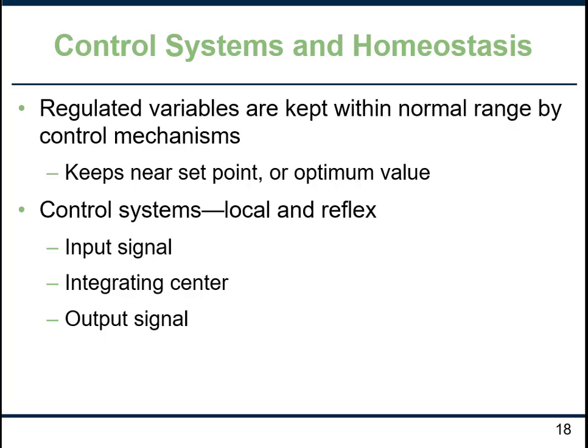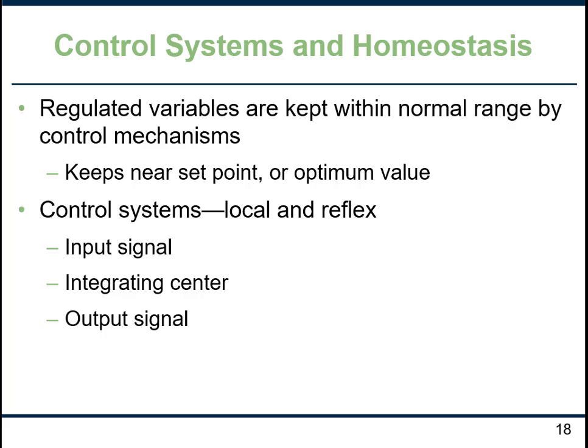So for instance, you may have baroreceptors, which are pressure receptors within the lining of your blood vessels. Those baroreceptors can detect pressure. They're going to provide the input signal. So for instance, let's say that those baroreceptors detect that you have high blood pressure. They will then send that high blood pressure signal to an integrating center.